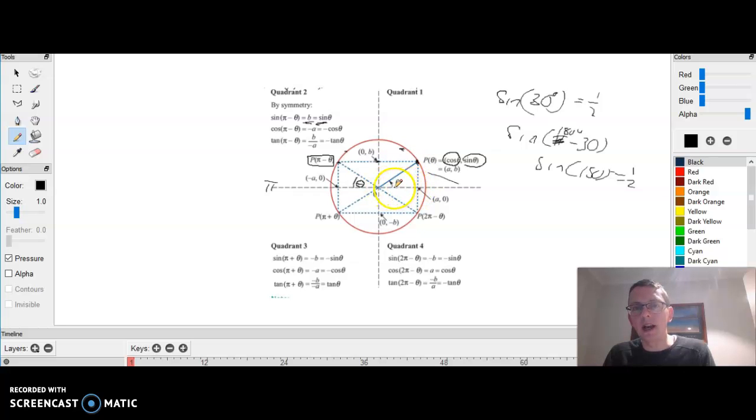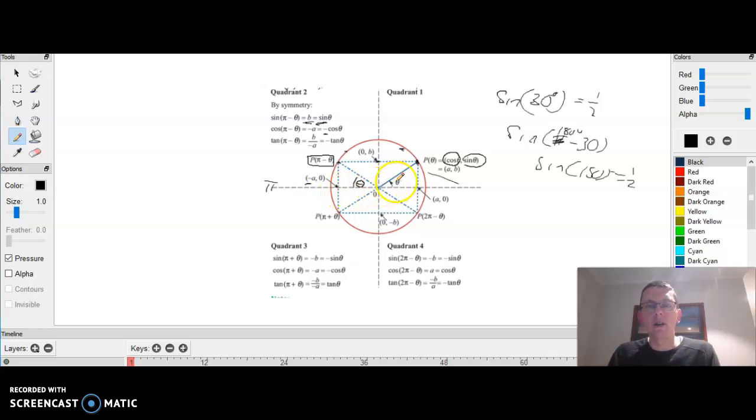If you go around to theta but then minus the same degrees back, the x-coordinate is now going to be there. It's the same distance from the origin, except this side is positive and this side is negative. Hence, cos of pi minus the angle is going to be negative cos A, because the length here goes to A, and over there it's going to be negative A.